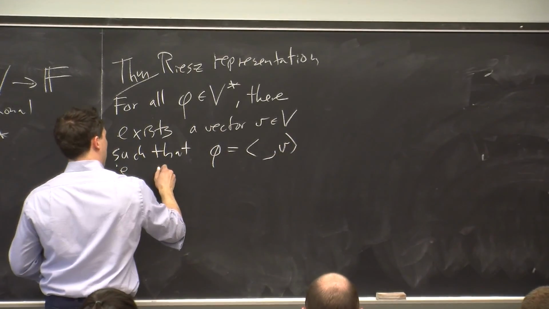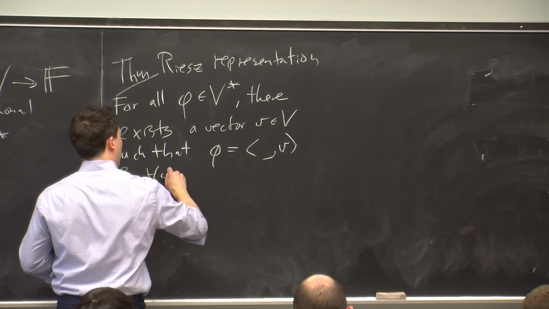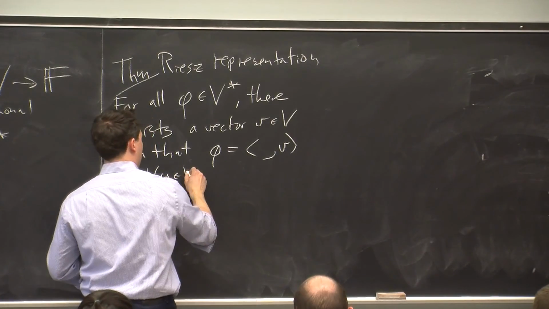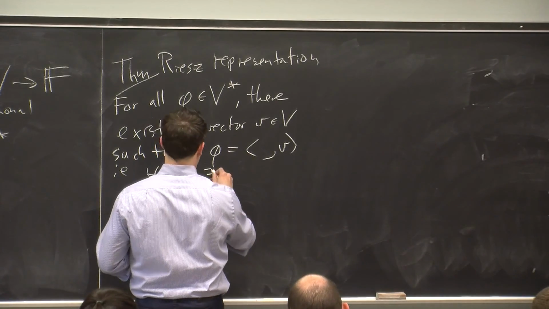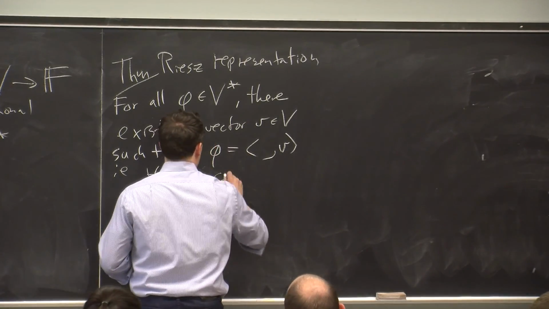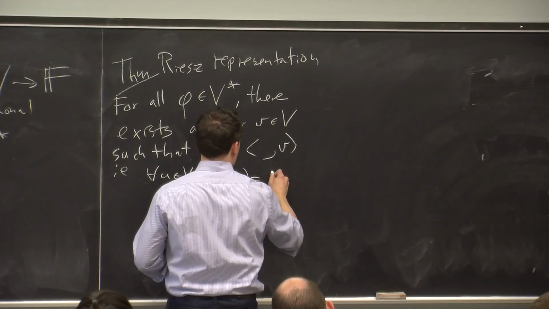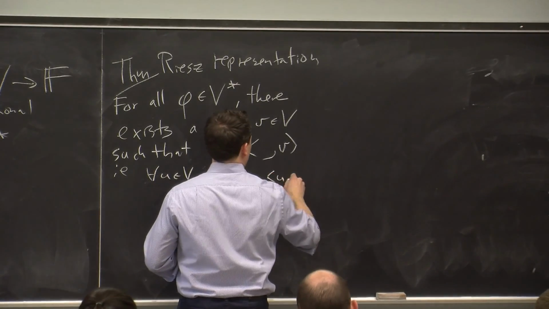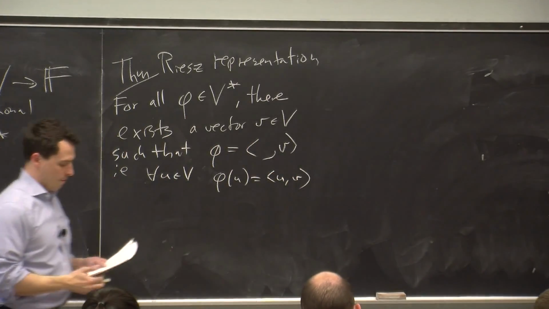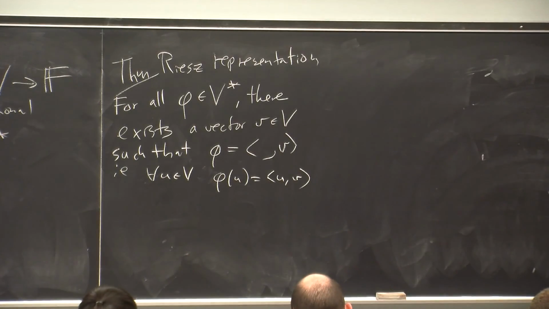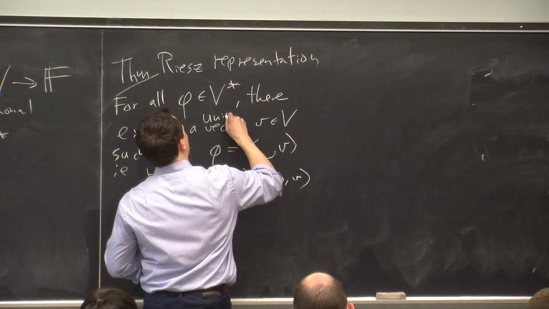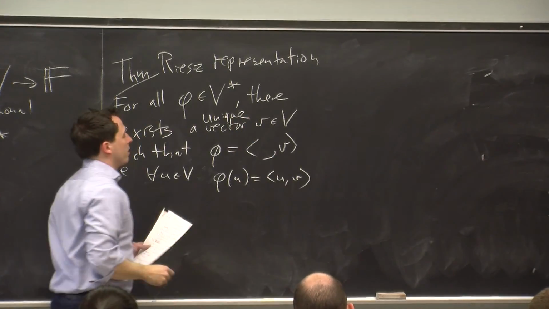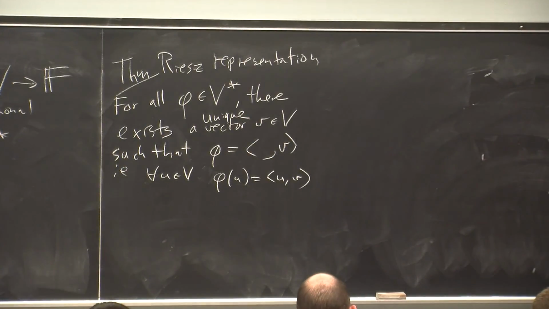That is, for all other vectors u in V, phi of u is equal to the inner product of u and v. So for every linear functional there exists a unique, it's important, there exists a unique vector v in V that represents it in this way.